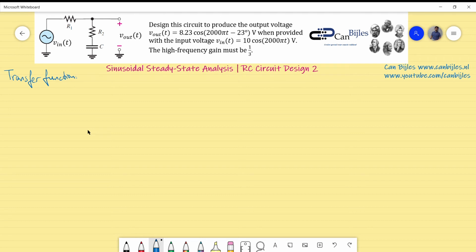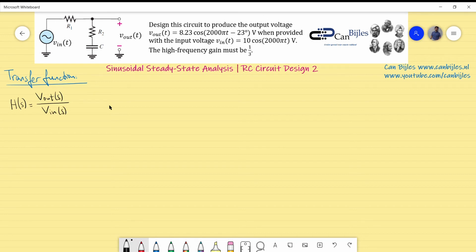So first the transfer function. How do we do that? As we did in the previous video, we use the voltage divider rule. So we check Vout divided by Vin is actually this impedance, which is shown here, divided by the total impedance seen by the source. So if I now write down the expression for the transfer function, H of s is Vout of s in Laplace divided by Vin.